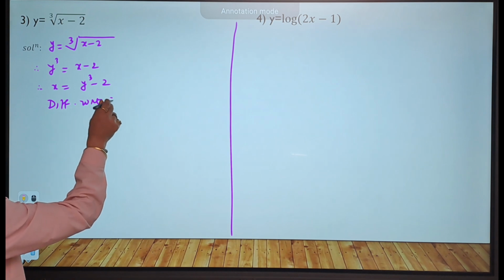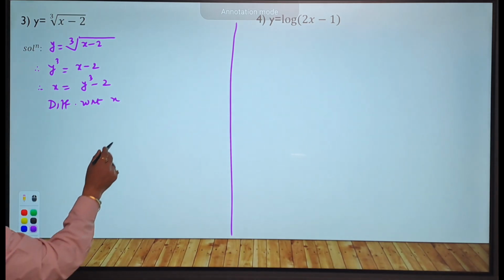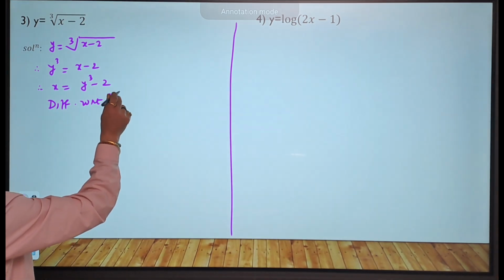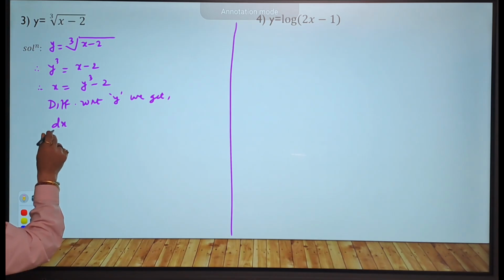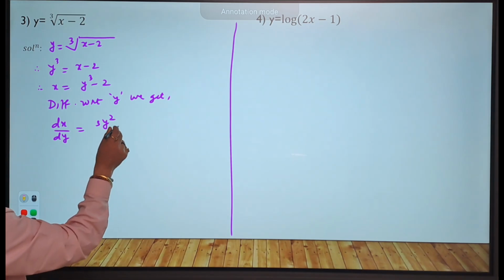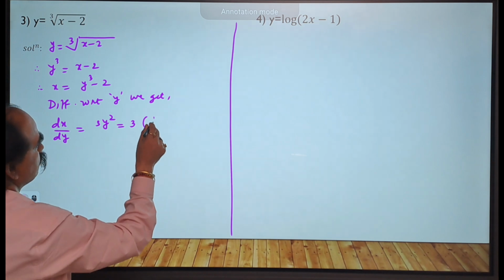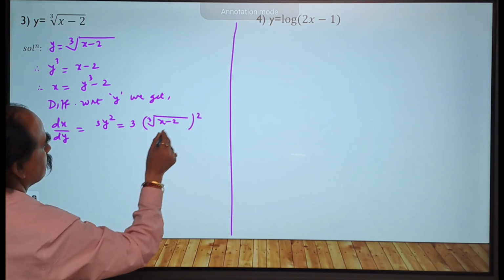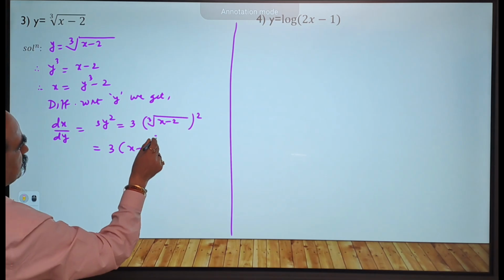Differentiating with respect to y, we get dx by dy is what? 3y square. y square means cube root of x minus 2 whole square, which is same as 3 times x minus 2 raised to 2 by 3.